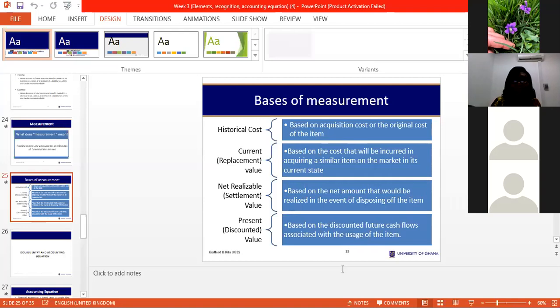Okay, that doesn't mean you cannot change. You can change it, but this year you cannot use historical cost, next year you use current replacement, the next year you use historical, no. You must follow through for a while. Okay, so these are ways that we can measure, we can assign some monetary values to assets and liabilities.